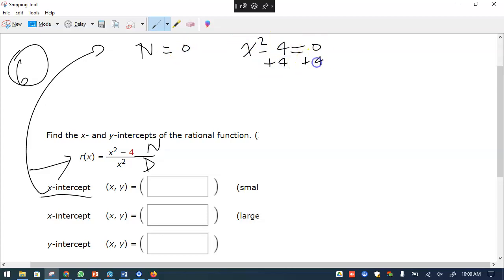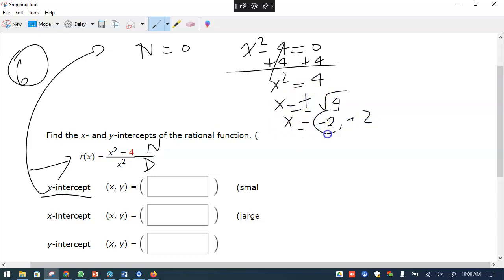And if you add 4 to both sides, you get x squared equals 4. And then taking the square root of both sides, you cannot just take the square root, you have to put plus and minus. So your answer is -2 and +2. So this is the smaller one which you put here. But remember, you have to put x and y. So it is -2, 0. And the bigger one is +2, 0.